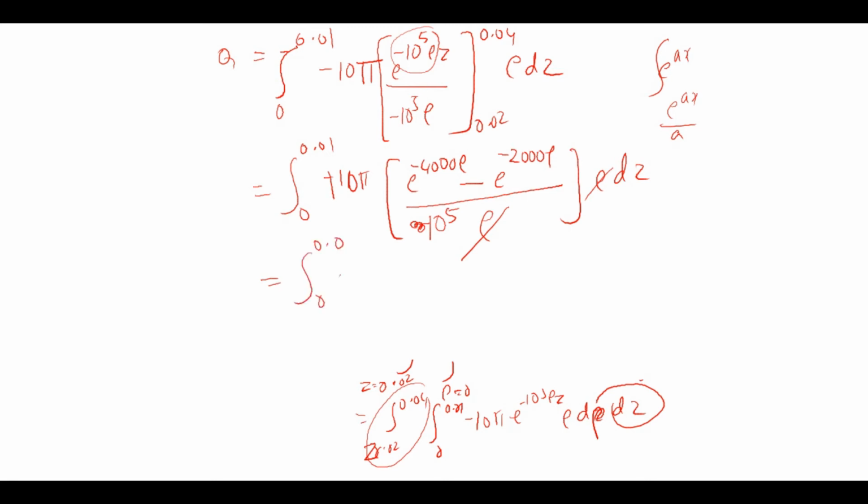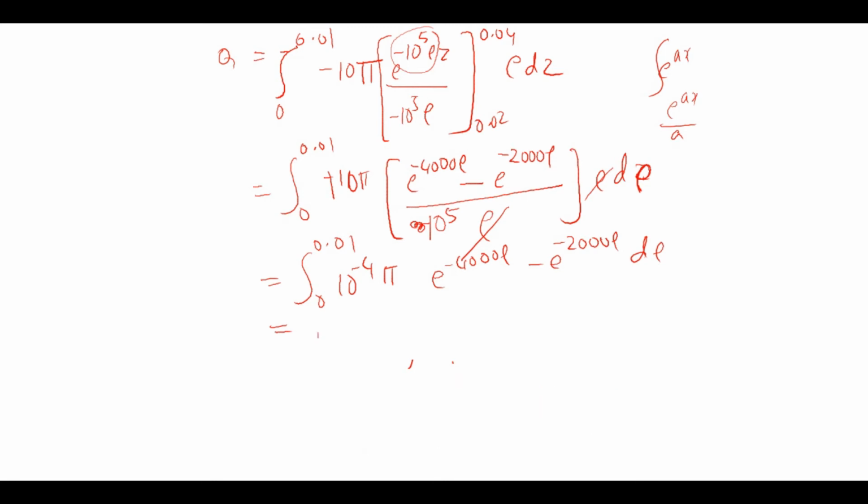So 10 divided by 10 raised to 5 is 10 raised to minus 4 pi. Rho gets cancelled, so here it is d rho. So e to the power minus 4000 rho minus e to the power minus 2000 rho d rho, with the limits 0 to 0.01. So all the constants I can take outside.